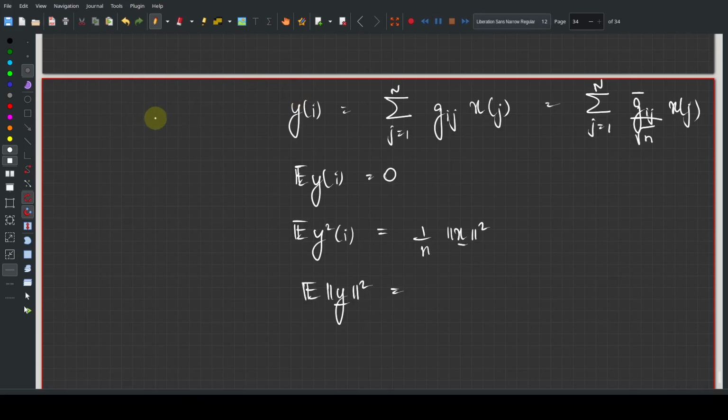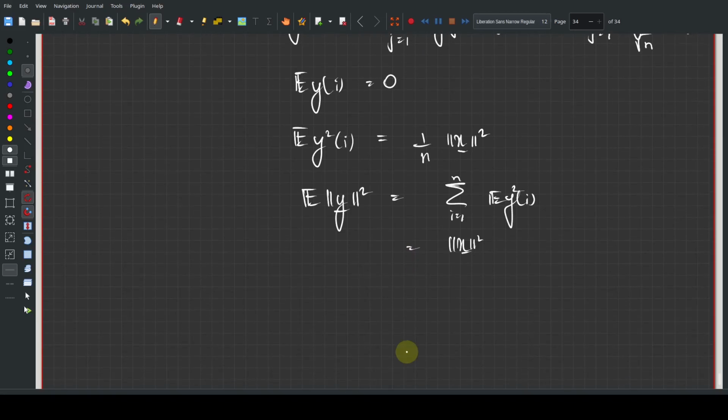So i takes values in the range 1 to small n. So the norm square of y is the summation i going from 1 through n of y of i squared, which in expectation is equal to n times the expectation of y of i squared, which is just the norm of x squared. So in expectation, this map really preserves the squared norm, correct? Now if this also concentrates, then basically I'm done, right?